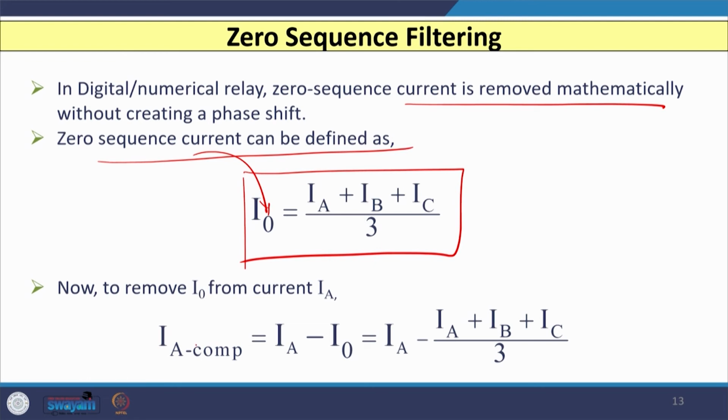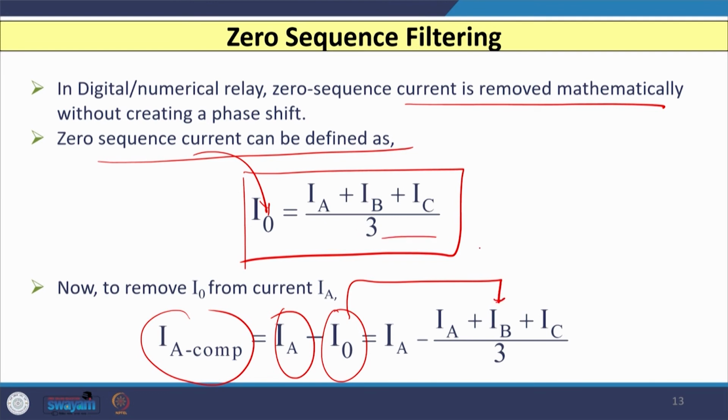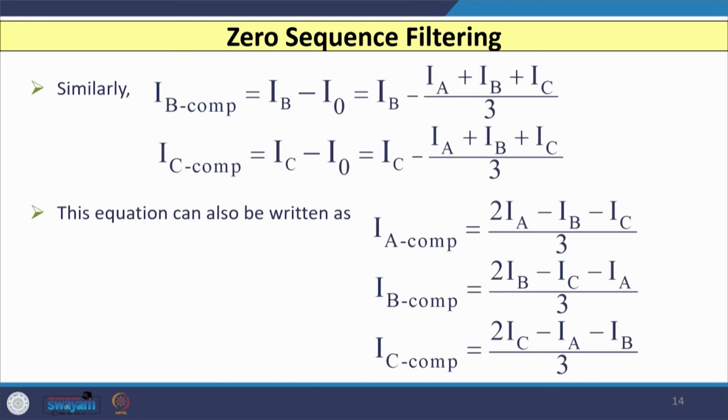In the compensated current, let us say in A phase, IA compensated, I have to subtract the zero sequence current I0 from the phase current IA, and I0 is given by this equation. So, we put this value here: IA compensated is IA minus (IA plus IB plus IC) by 3. Same way, you have the compensated values of current in B phase and C phase.